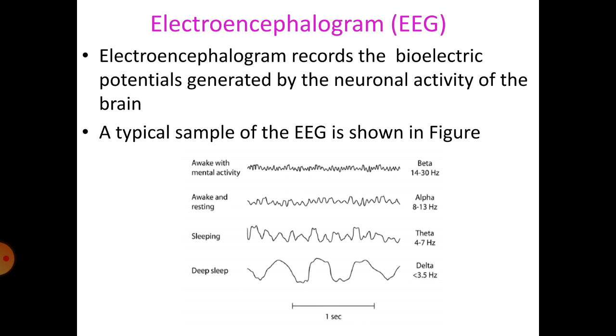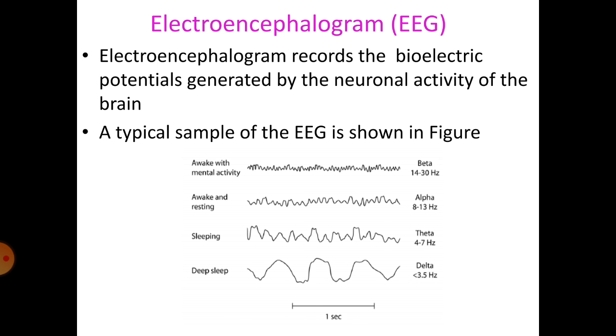A typical EEG waveform is shown in the figure. The first one is beta, awake with mental activity. This wave is generated when the patient is in the awake stage.